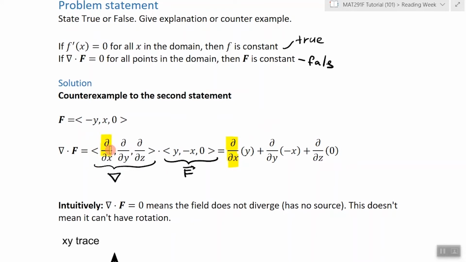This came from here. This came from here. This came from here. And then this y is here, this negative x is here, and this 0 is here.